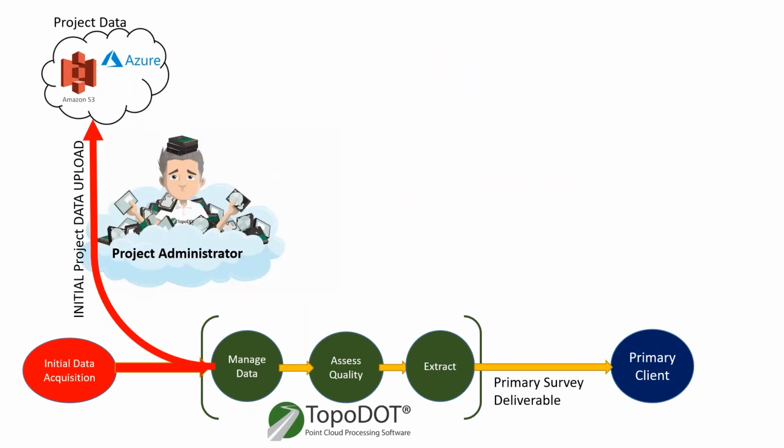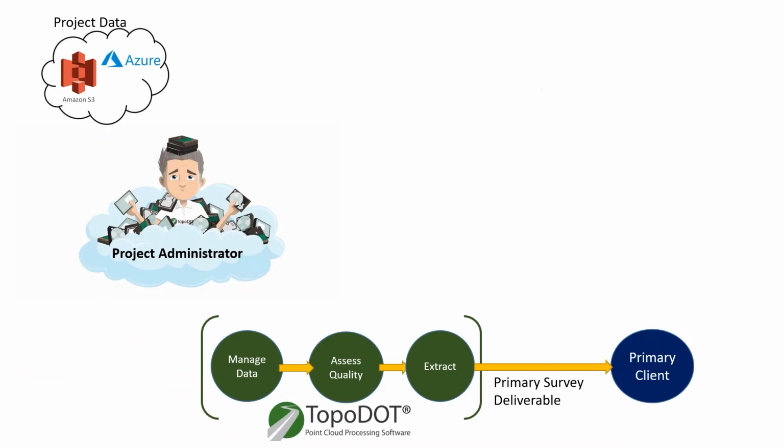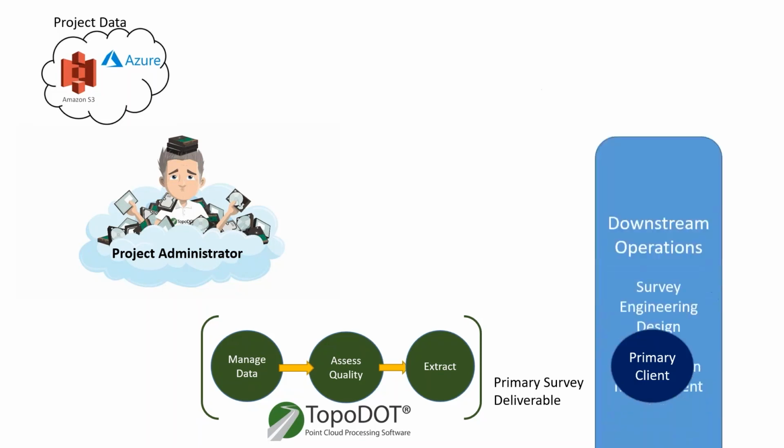But what happens, really, to the project administrator, your poor Professor Topo? He's sitting there, and this goes away, and he's got access to all his data now. He's got it up in the cloud, but, you know, we kind of like this little picture. Still, nobody really knows where Professor Topo is. There are these downstream operations, right?